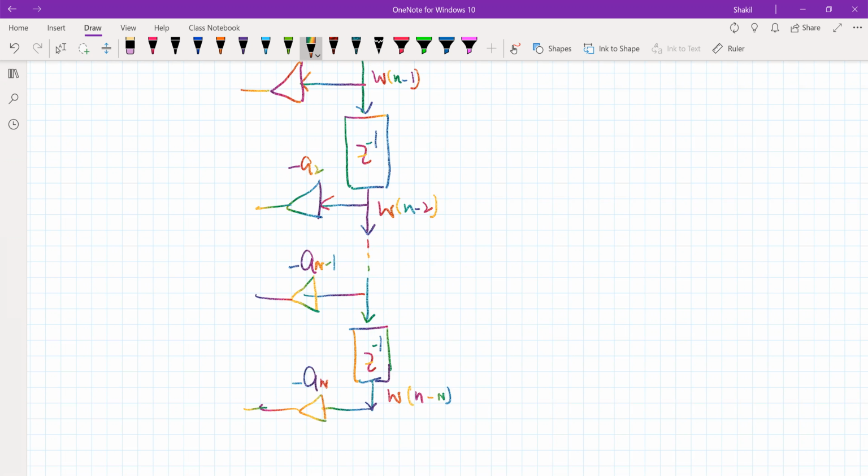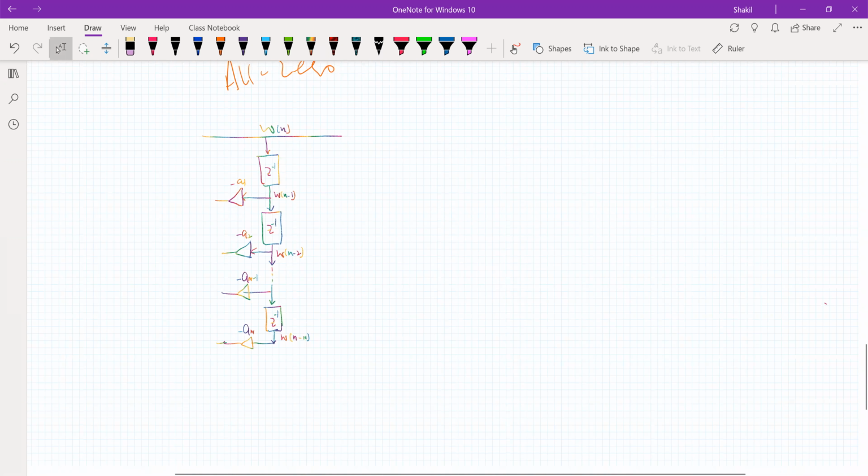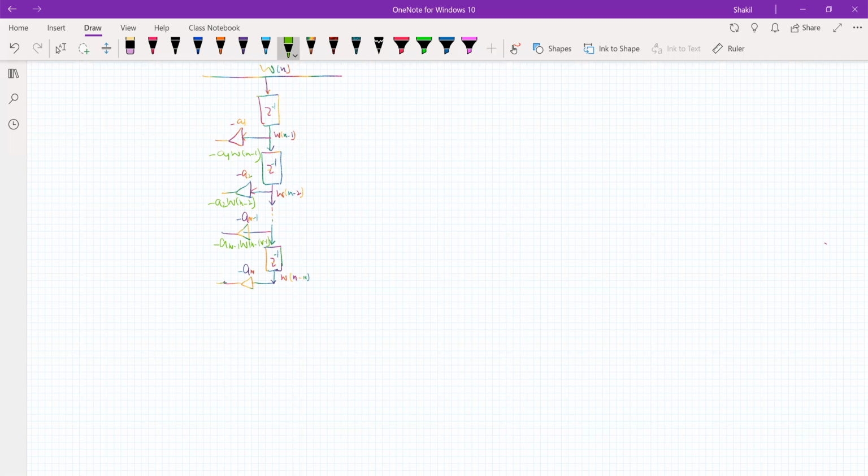Now compare their signals. What will be output of these signals? Here we have minus A1 Wn minus 1, minus A2 Wn minus 2, minus AN minus 1 Wn minus N plus 1. This one is very, very important. So this will be minus AN Wn minus N. What are we doing? We are simply adding these terms now.